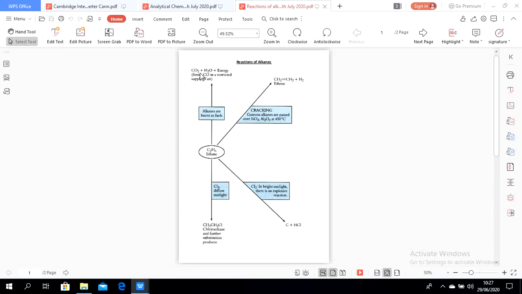This one is the reaction of alkanes. Alkanes burn as fuel, produce this one, and then alkane cracking will produce alkene, and then alkanes under sunlight or UV light will become halogenoalkane, and then alkane reacts with chlorine in bright sunlight. There is an explosive reaction that will produce this one.